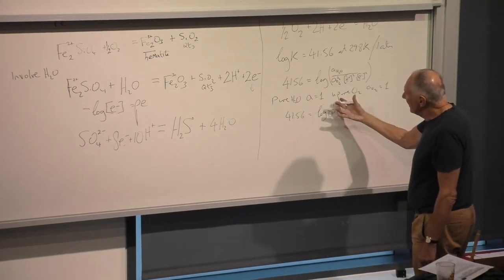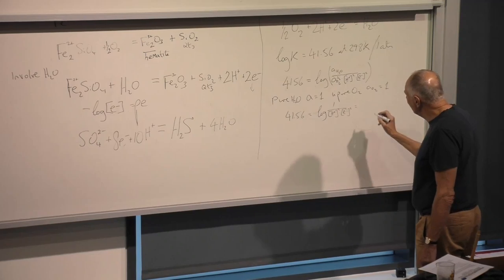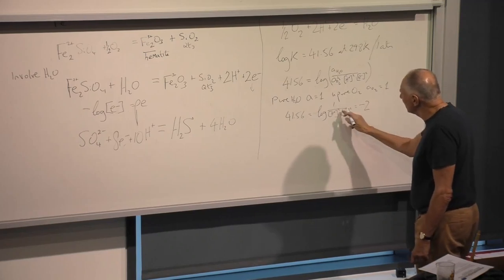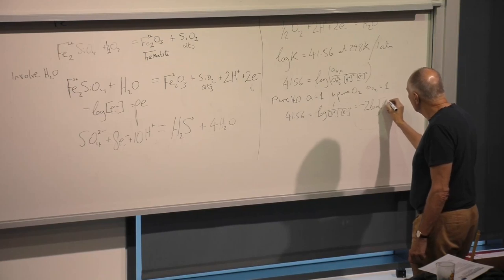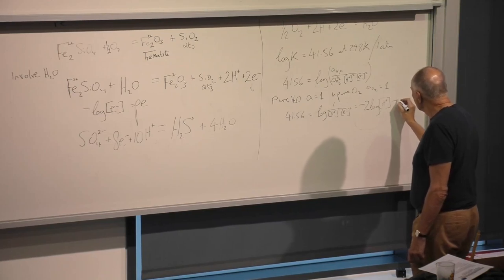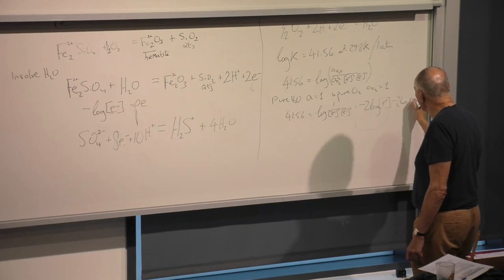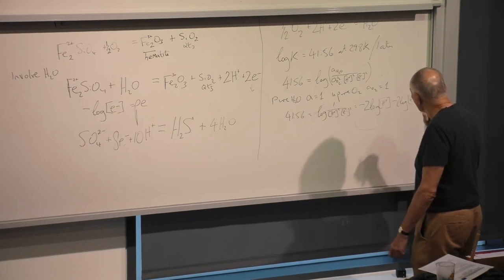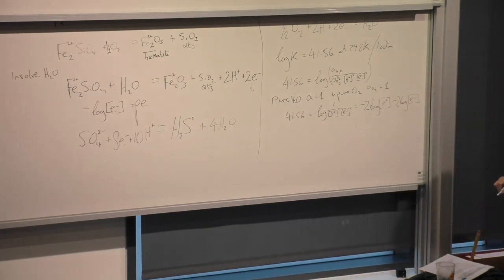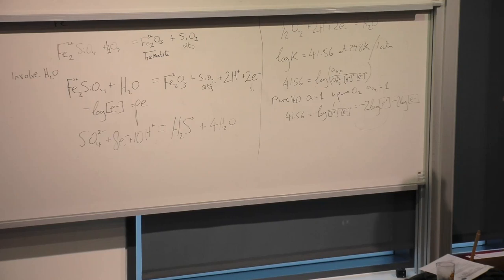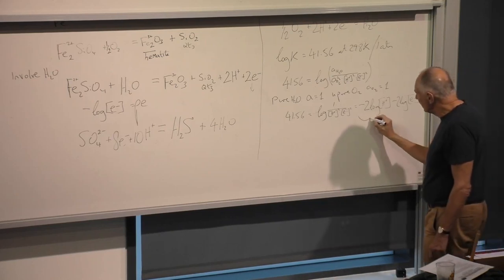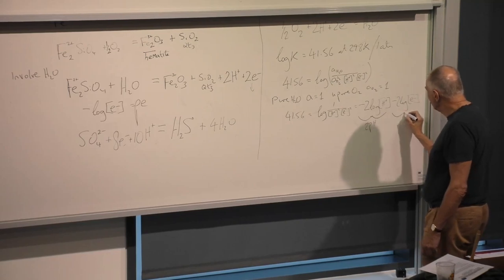We can turn this upside down, change the sign, so it's minus 2, and we put the 2's outside, minus 2 log H+ minus 2 log e-. Alright, turn it upside down, put the 2 outside, change the sign. And that, of course, is 2pH. And that is 2pe.